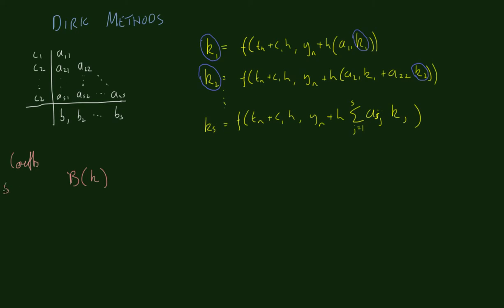The coefficients satisfy the B(k) condition, the C(floor(k/2)) condition, and another condition, which is the transpose of the B vector times the A matrix times our C vector equal to 1 over k factorial.